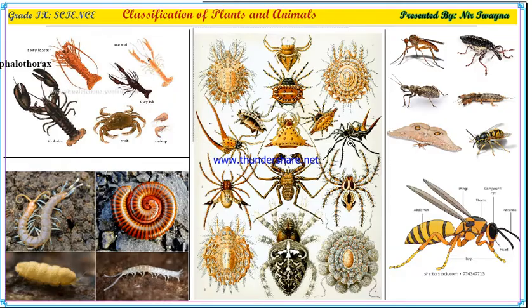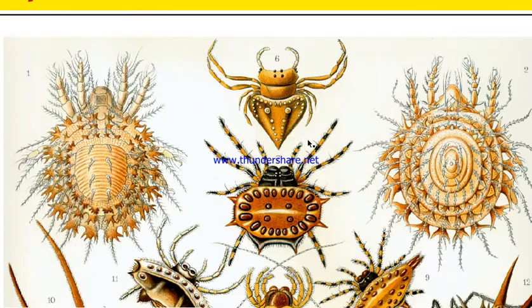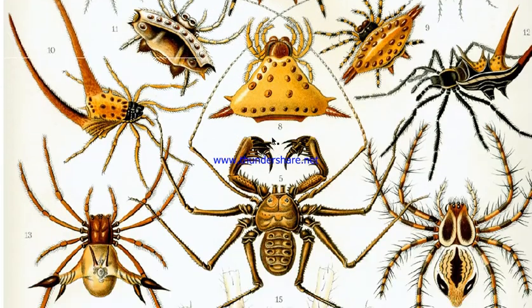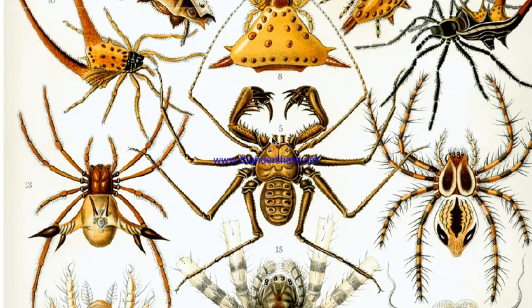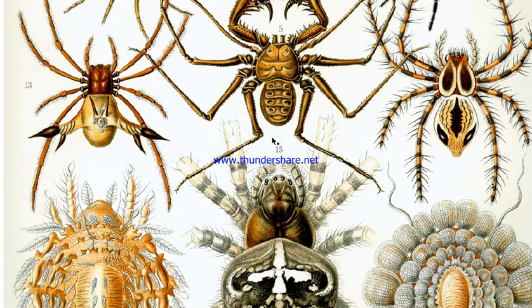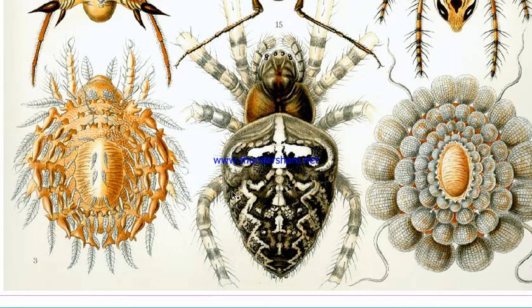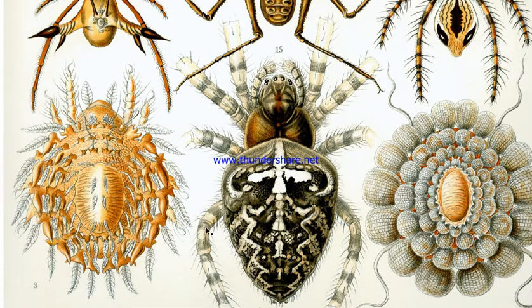Let's have a look at this. The spiders. There are different varieties of spiders. All of them are spiders. And the common feature of this class is they have four pairs of appendages.